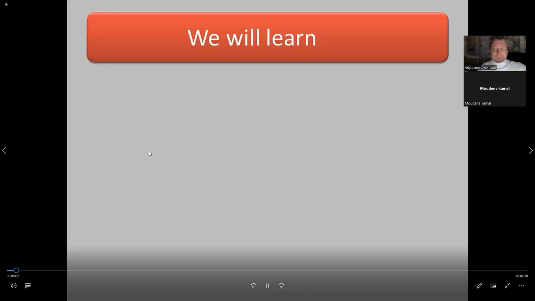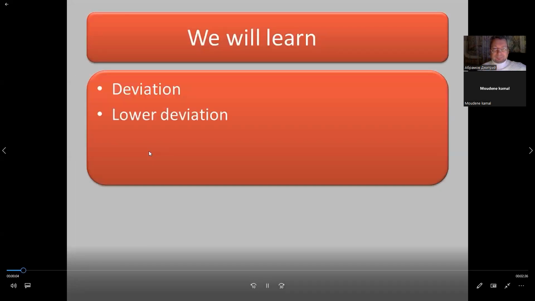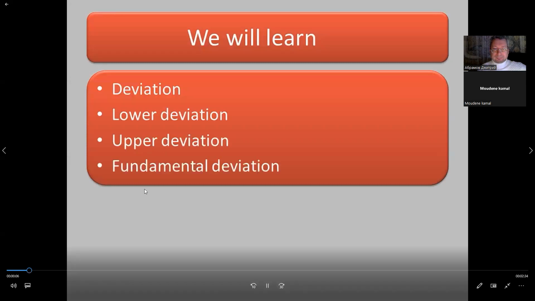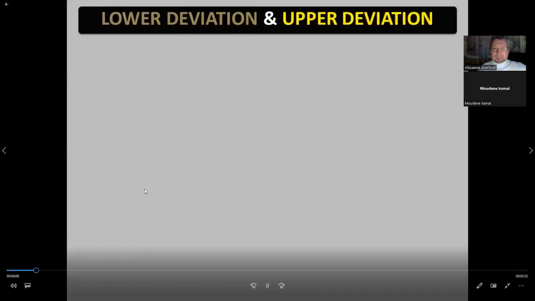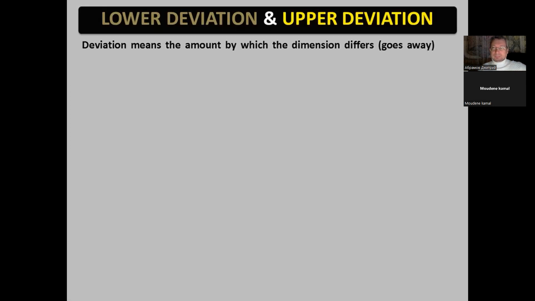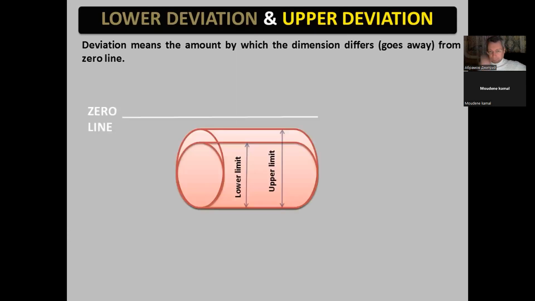Video 3.1. Hello friends, today we will learn deviation, lower deviation, upper deviation and fundamental deviation. Deviation means the amount by which the dimension goes away from the zero line. Now in this figure you can see the zero line, lower limit and upper limit, which we have studied in the previous video.